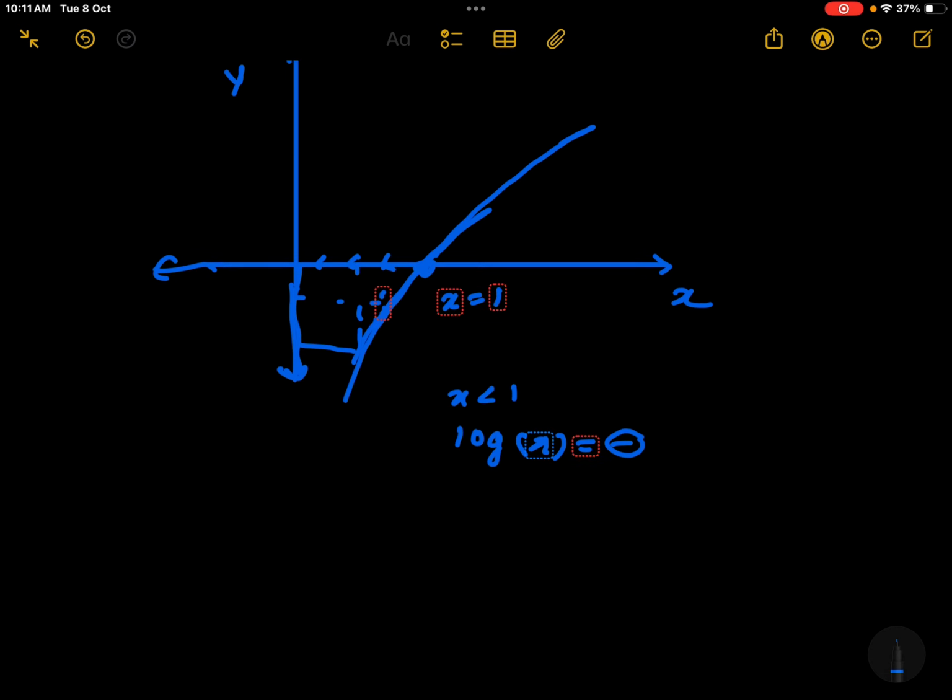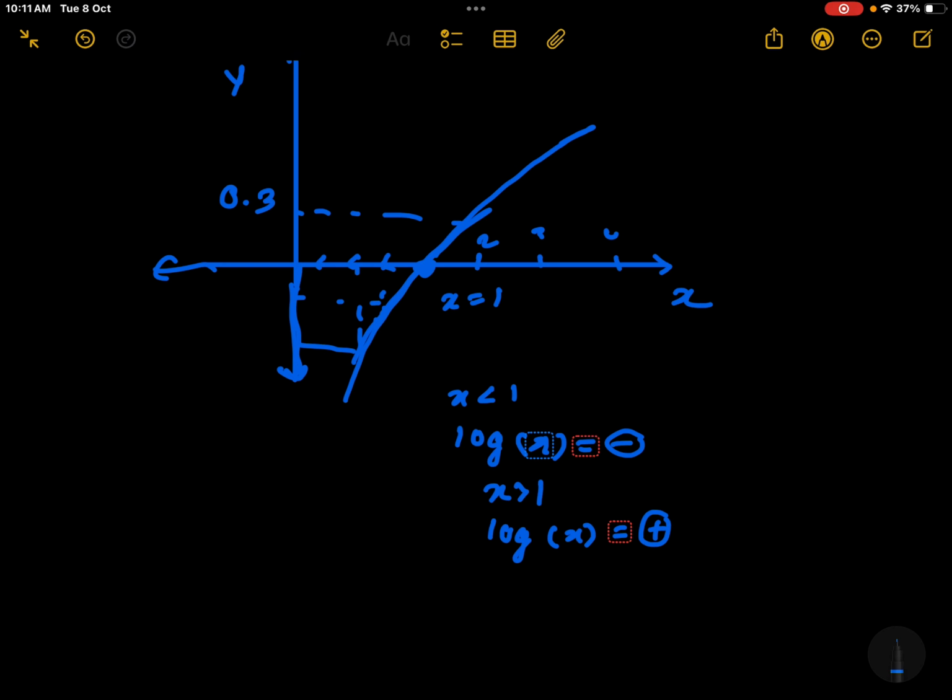Now if we are taking x values greater than 1, like 2, 3, 4 and so on, at 2 we get the value 0.3. So when x is greater than 1, the log x value is a positive number.